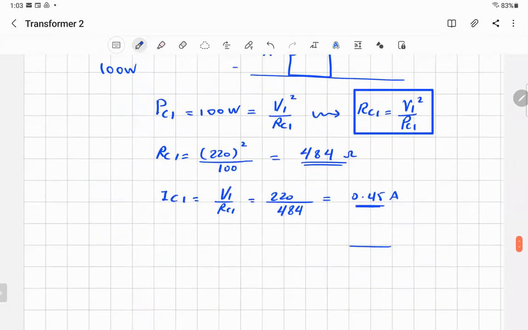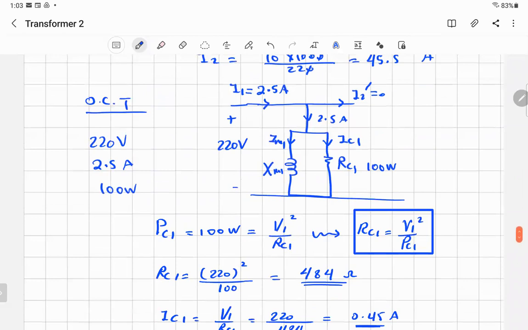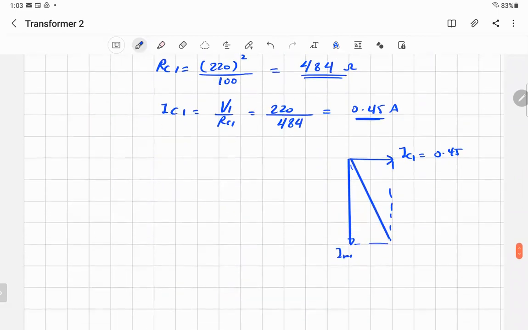So here you know that that's IC1. You got it, 0.45. IM1 you don't know, but you know the total because you measured it in the lab by the ammeter and it was 2.5. We call it I1, 2.5. So you will say I1, which is also I0, squared is equal to IC1 squared plus IM1 squared.